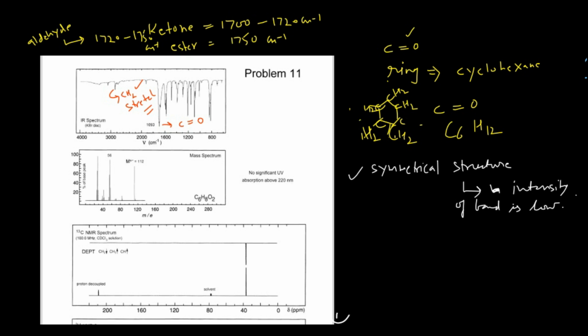See, symmetry generally brings down the number of bands in the IR spectrum, and the number of peaks in the proton NMR spectrum and lots of things. Symmetry brings these things down actually. Okay. Now, see, you may wonder why it happens that when you have a very symmetrical structure, the intensity of these bands goes low.